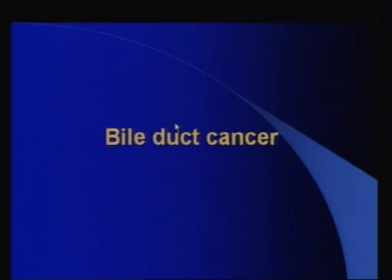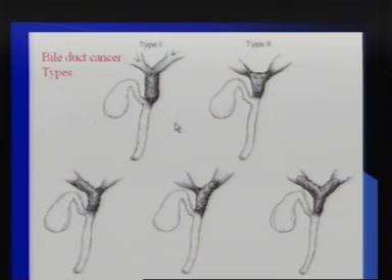Now let's talk about bile duct cancer a little bit. The various types have been described by Blumgart and his colleagues, and the important aspect is that this is proximal: involving the confluence, predominantly involving the right duct, predominantly involving the left duct, or involving both the ducts.